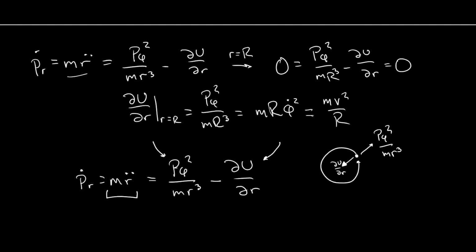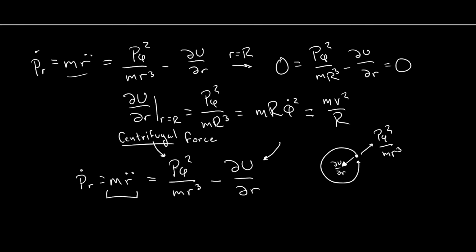So all that to say, what we've done is we've compensated for the fact that we have some angular motion by including an explicit centrifugal force. So this is a centrifugal force, not centripetal. It's outward directed.